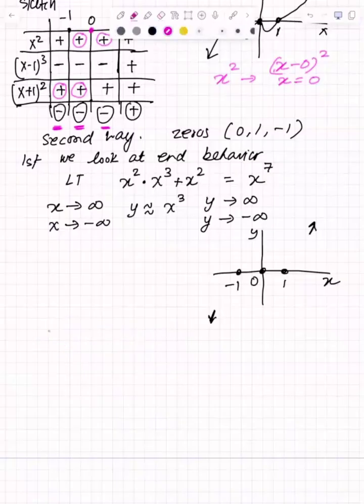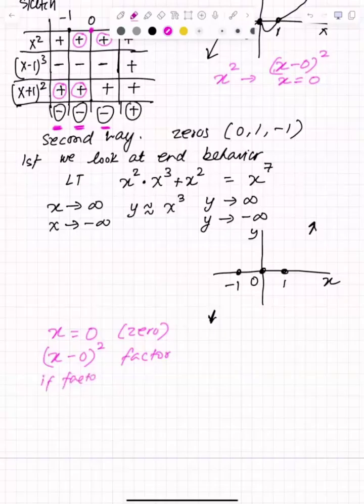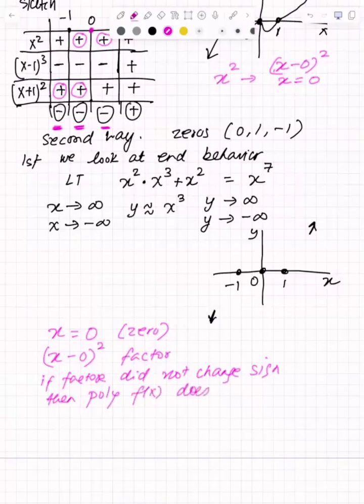The x equal to 0 was the zero, correct? x minus 0 squared was the factor associated with that zero. If the factor did not change sign, well, something squared will not change sign, then the polynomial, or f of x, does not change sign.